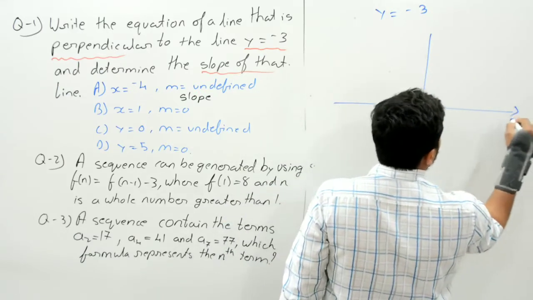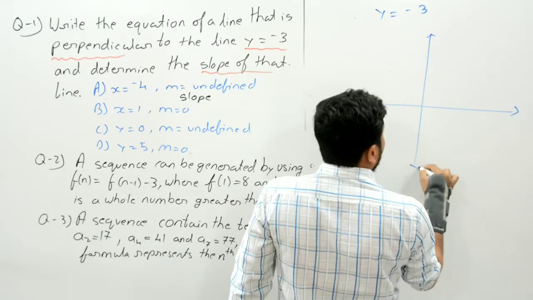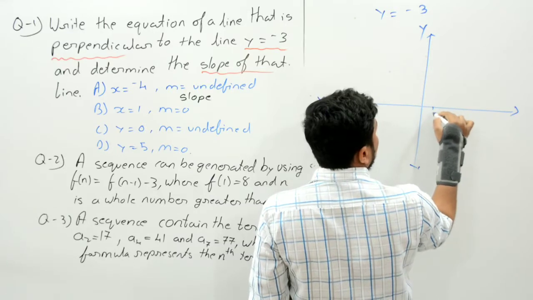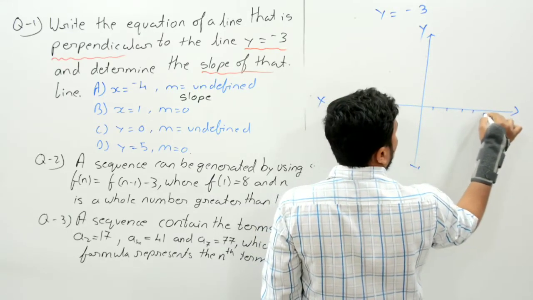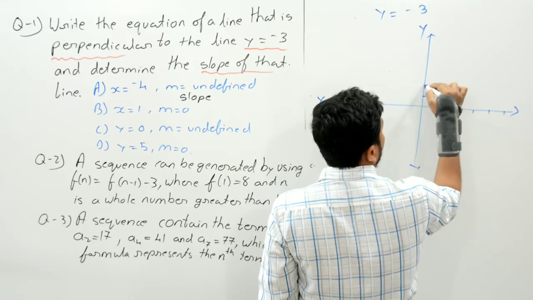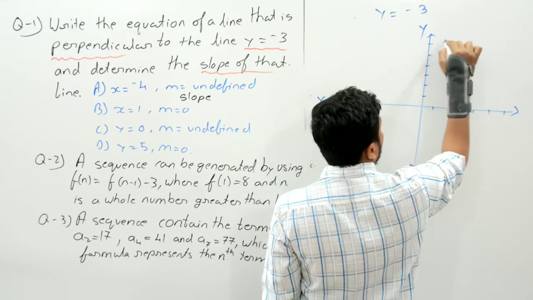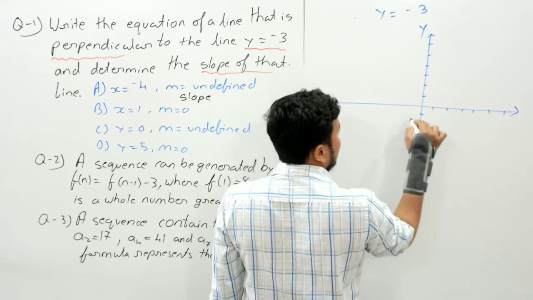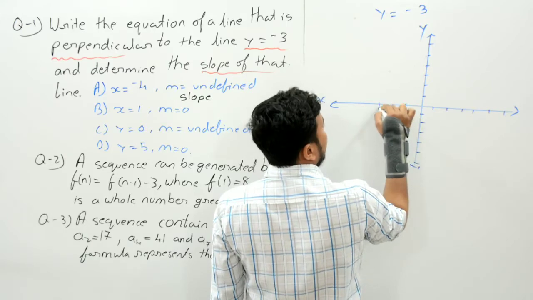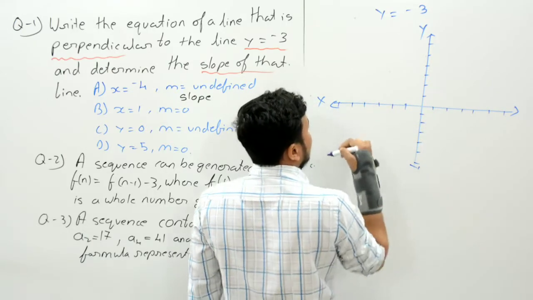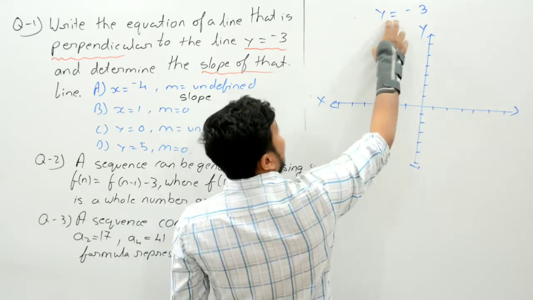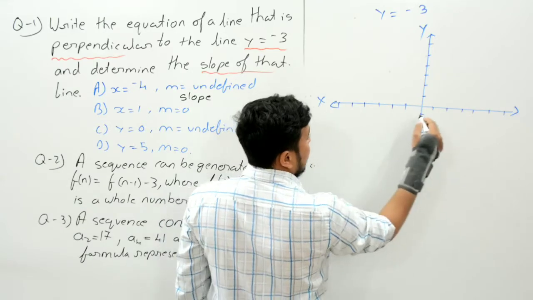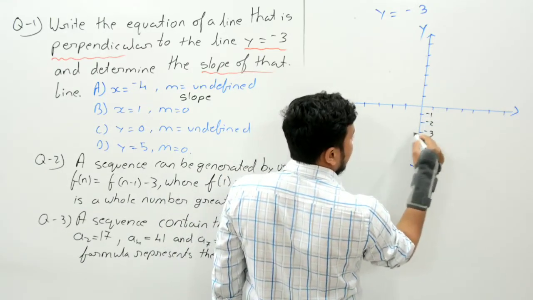Again drawing a graph, with the y-axis and x-axis, 0, 1, 2, 3, 4, 5, 6 and minus 1, minus 2, minus 3, minus 4, minus 5, minus 6. See, we have a line y equals minus 3, that is minus 1, minus 2, minus 3.